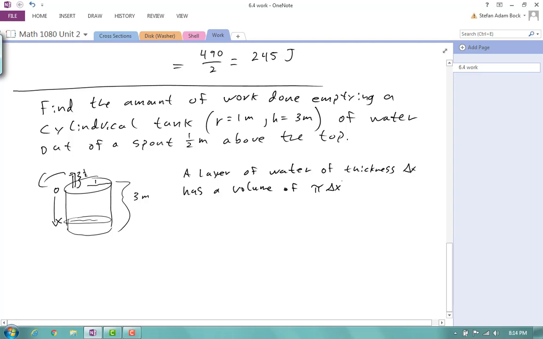So how much mass does this water take up? Well, it turns out there are 1,000 kilograms of water per cubic meter. And what I have here is exactly cubic meters.